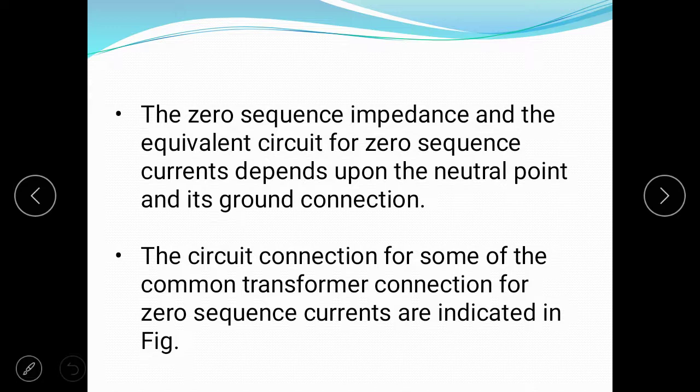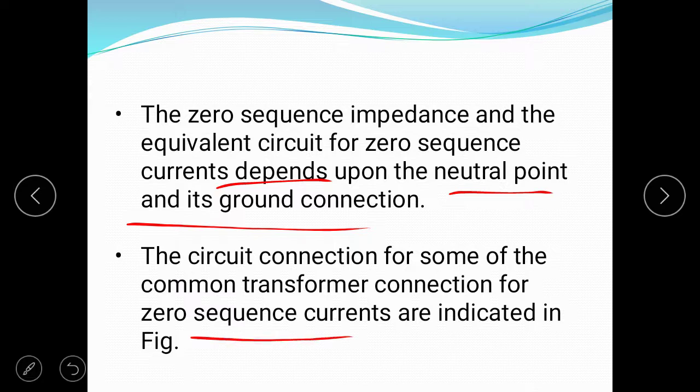The zero sequence impedance and the equivalent circuit for zero sequence current depend upon the neutral points and their ground connection. The circuit connections for some of the common transformer connections for zero sequence current are indicated in the figure below.